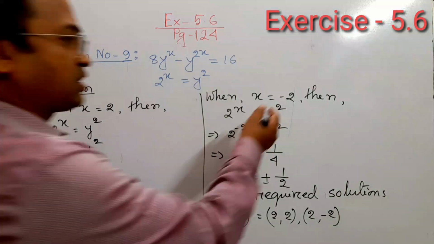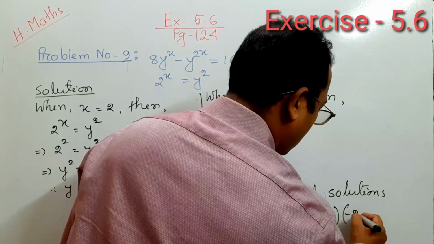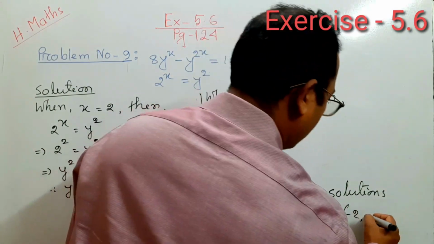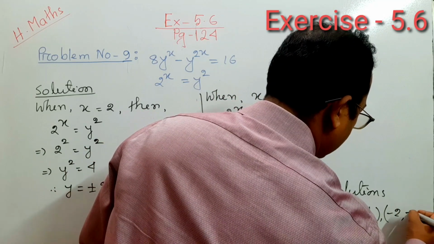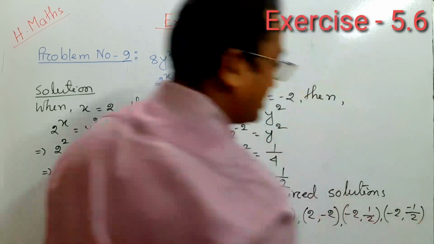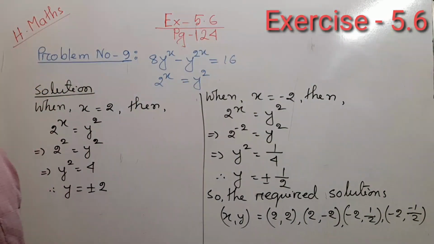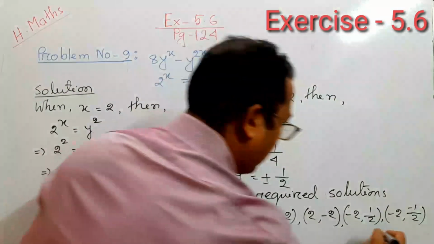Again, when the value of x equal to minus 2, y is equal to plus half, and minus half. These are the values of x and y. This is our answer.